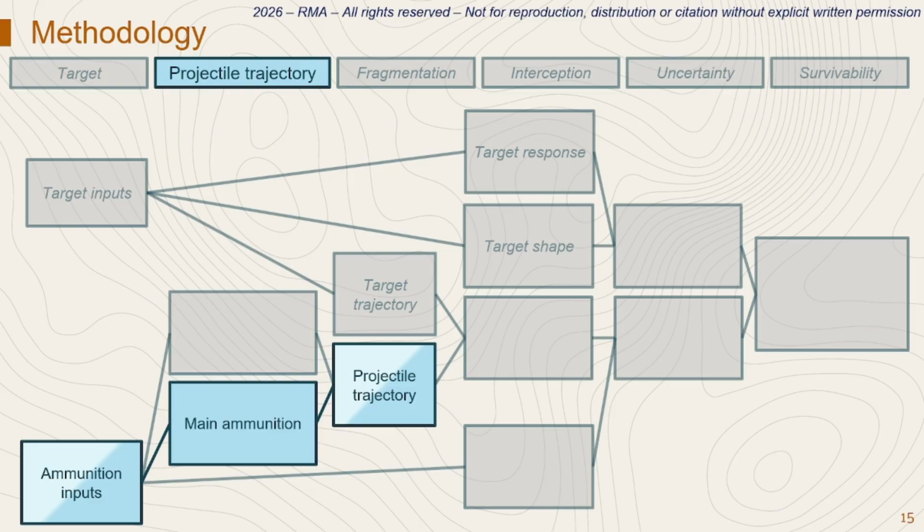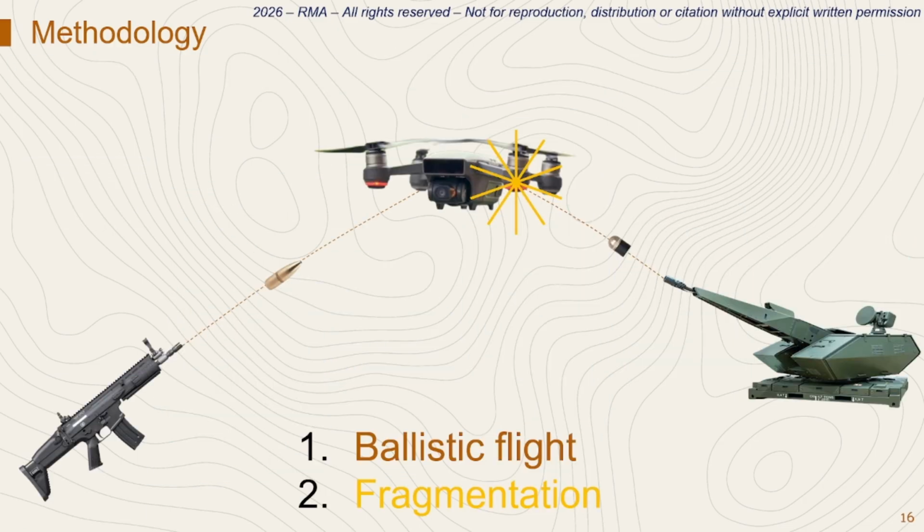Onto the projectile trajectory, we'll be looking at the main ammunition, and what do I mean by that? If you look at the engagement with both principles, in the case of the small caliber rounds, you just have a ballistic flight, a ballistic phase where you're firing towards the target. However, for the medium caliber rounds, there's an additional phase to consider, namely when the projectile arrives in its detonation position, so to speak, there's still the phase of fragmentation to consider.